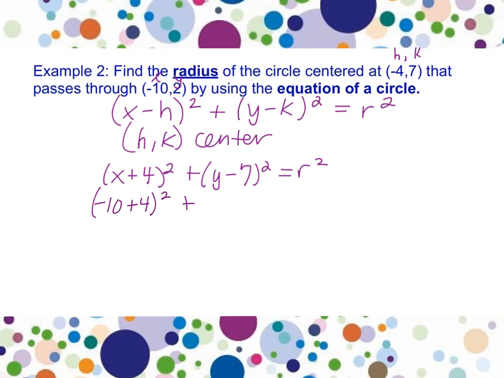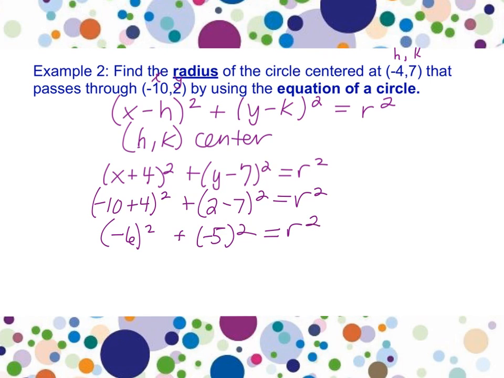And then over here for y, we said y is 2, so 2 minus 7 in parentheses squared equals r squared. So now when we simplify the parentheses, we get negative 6 squared plus negative 5 squared.